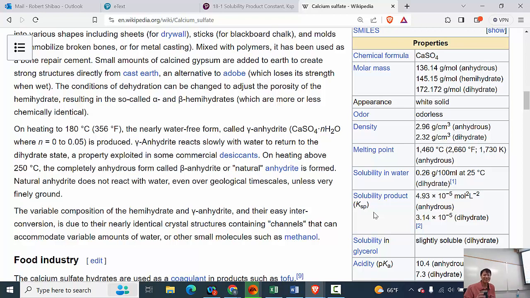Calcium, strontium, barium. Mitchell's got it down good. Calcium sulfate is considered insoluble. So what's the cutoff? The cutoff is not in grams. The cutoff is in molar solubility. I wrote it down once. Do you guys remember that number?